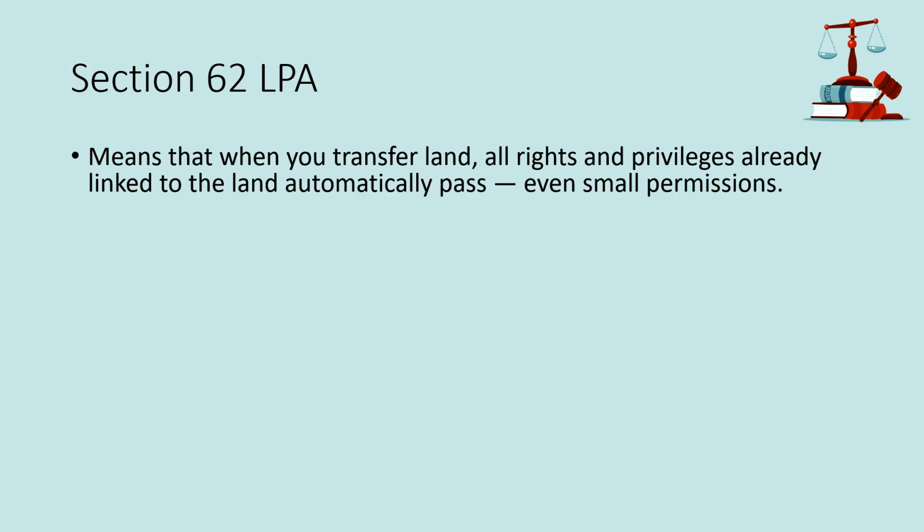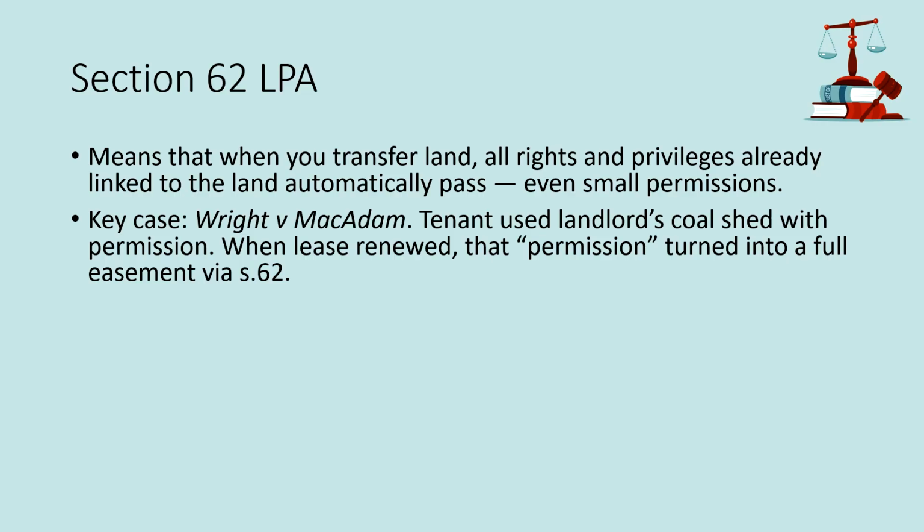So there also needs to be some kind of split in or transfer of property rights. And the difference to Wheeldon and Burrows is then that this can also be for minor things like small permissions. There hasn't necessarily got to be any continuous and apparent use. Even really minor things can be turned into a full easement when the land is sold.